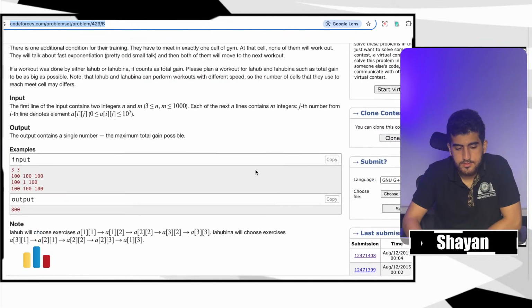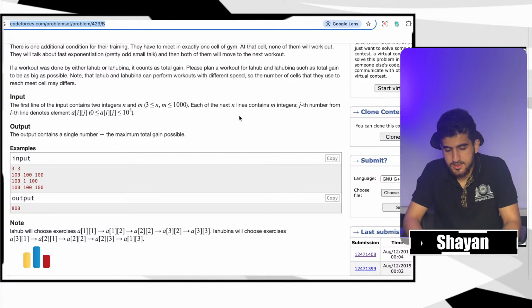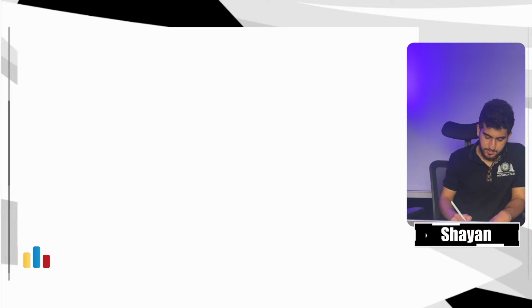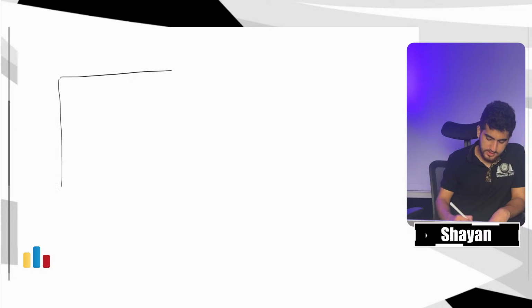So, what does this problem say? Let me say this problem in another way. In this problem, we just have a table, a grid, with some numbers written on it.